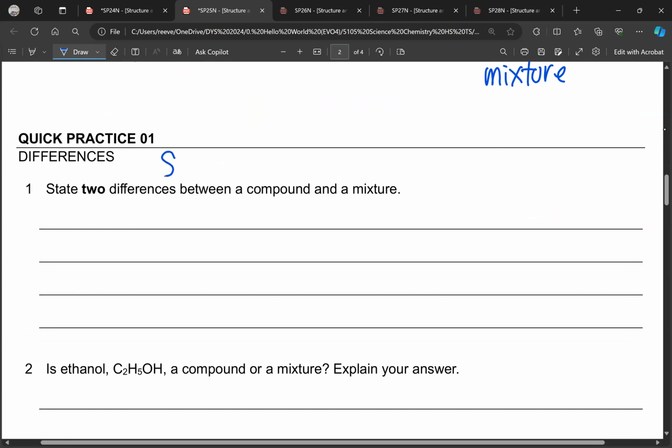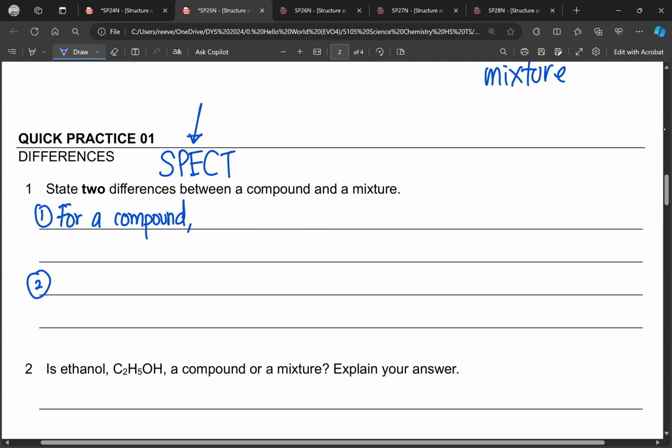This one, can you just go and write? Just copy. I'm going to write only one. You're going to write 2, okay? I'm going to write one difference between a compound and a mixture. The easiest one. Okay? The other one I'm going to copy. For a compound, okay, I write energy. E is for energy.